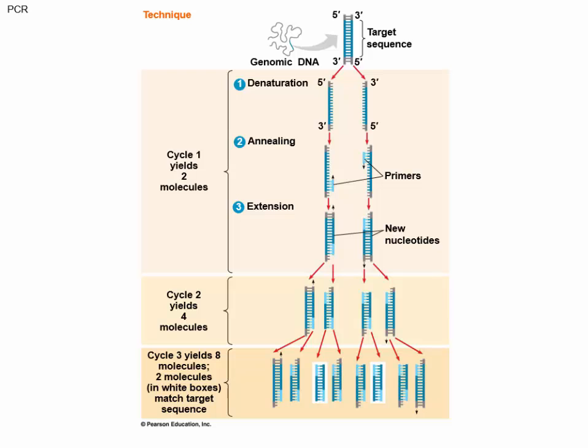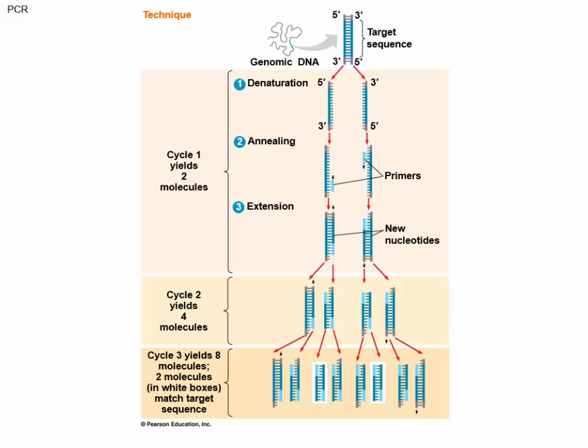Here is the polymerase chain reaction that I was talking about, and it's just easier to say PCR. You have a sequence of DNA, and what you do is you denature it first, so you separate it. Then you anneal it, which means you join it up with some primers, and you extend it by adding new nucleotides.